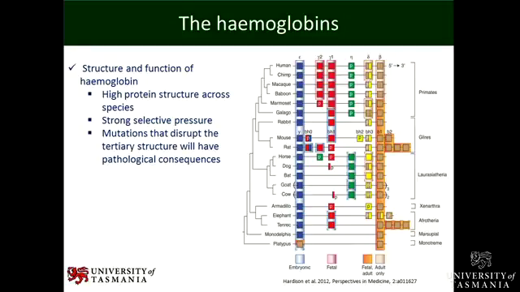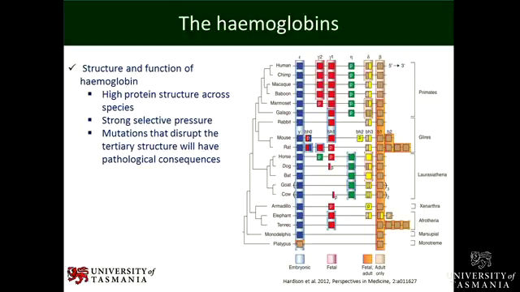You've got a whole range of different things, dogs, goats, elephants, and this is the hemoglobin molecule, and you can see how highly conserved it is across all of those species. So there's a strong selection pressure in nature for it to maintain that particular structure because it is such an important molecule, right? So you can imagine that any mutation is going to be problematic.